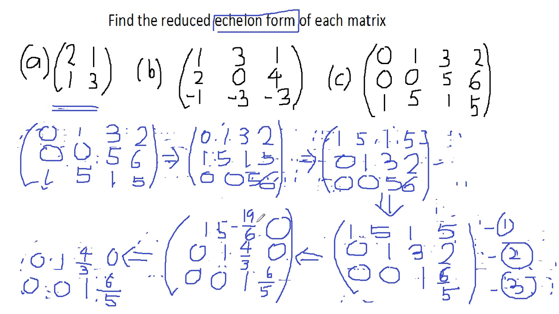So to make this 19 over 6, we must multiply by a factor with 4 over 3.